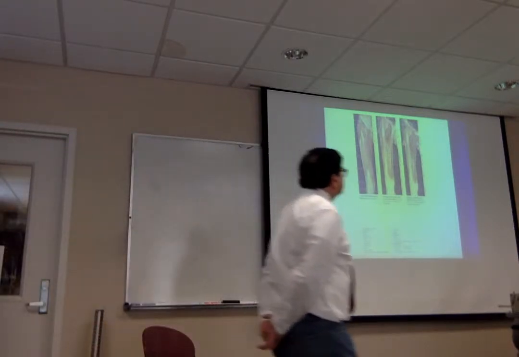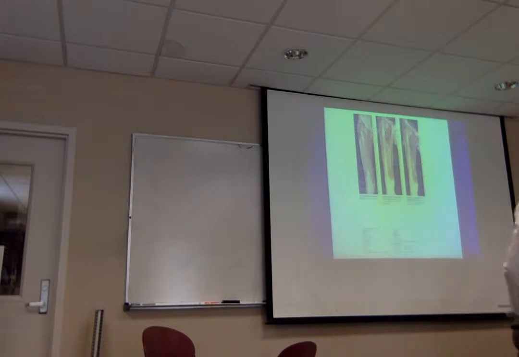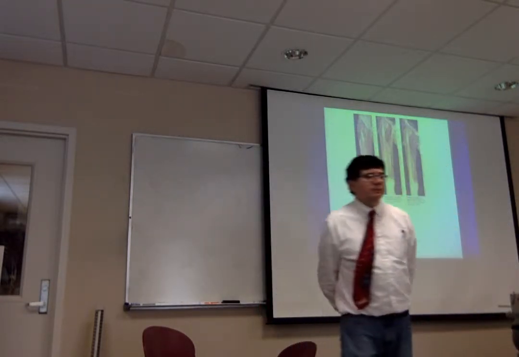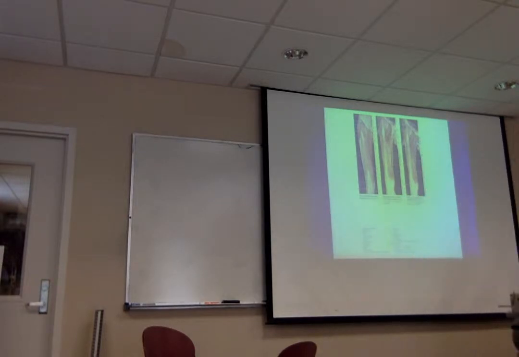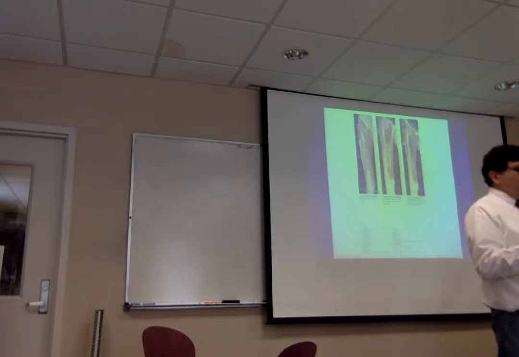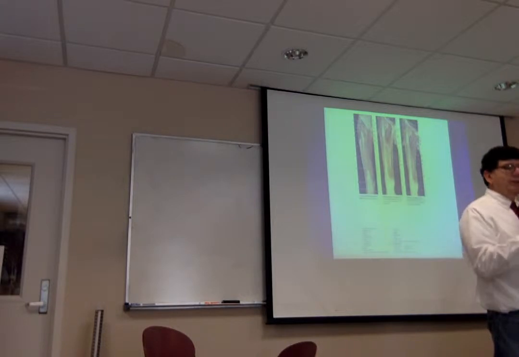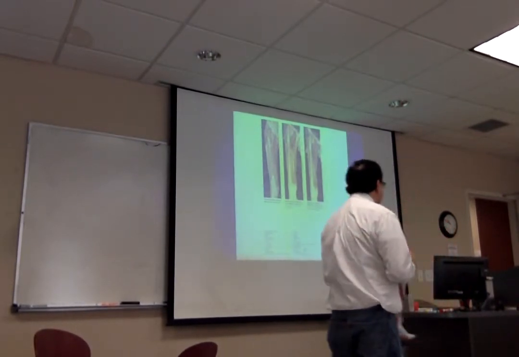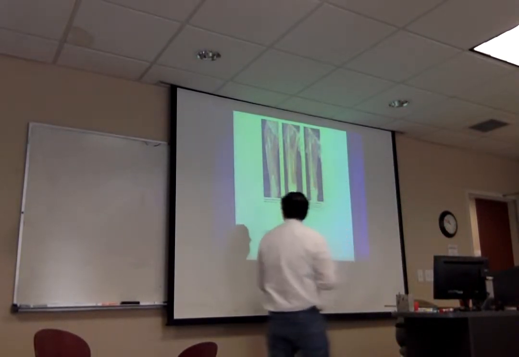The other 3 muscles are called vastus, V-A-S-T-U-S, vastus muscles. The quadriceps muscle that's located medial to the rectus femoris is called the vastus medialis.